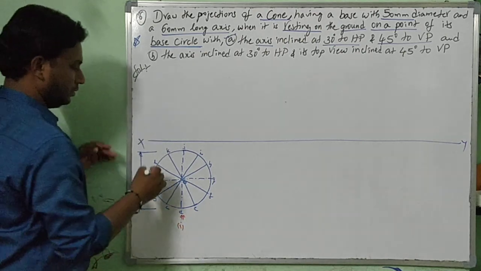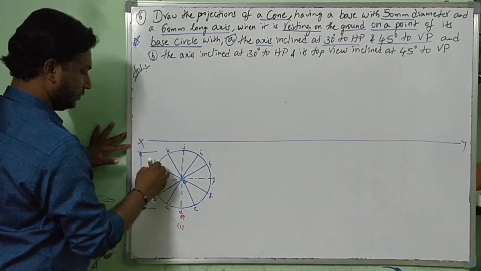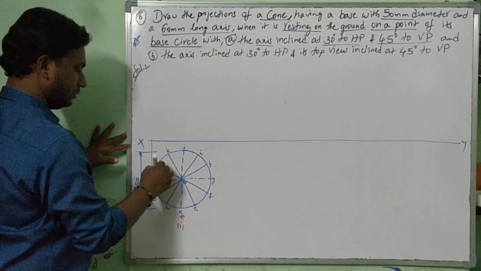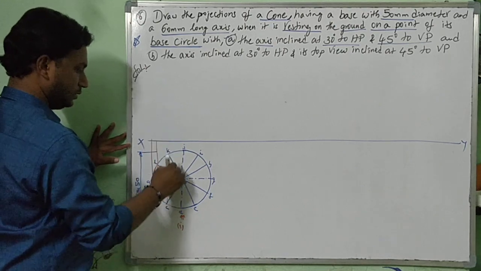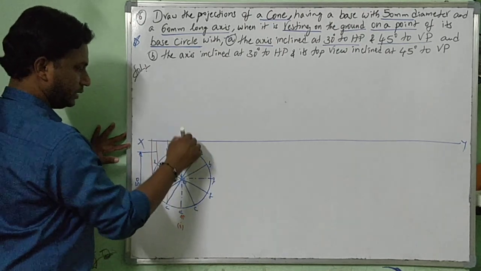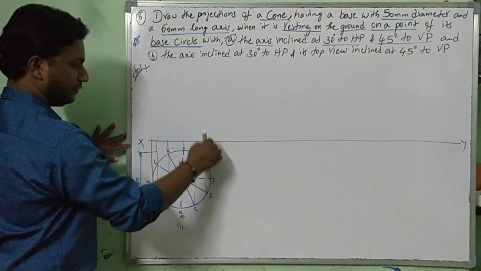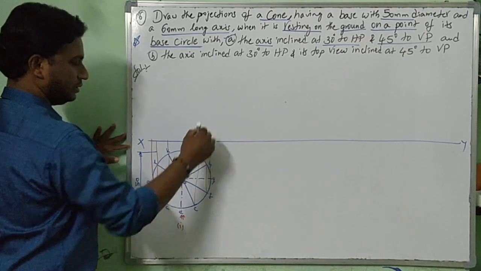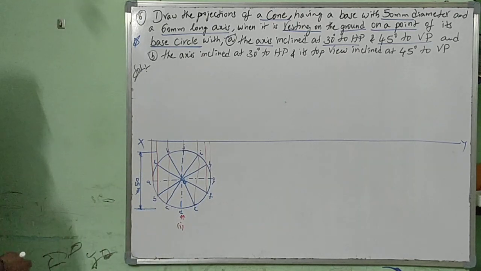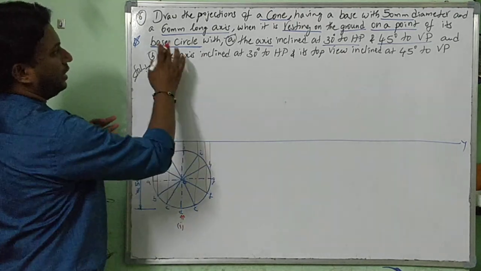Looking from here, simple projectors from A projector, B projector, C projector, D, E, F, G projectors. Now center, height, axis line.